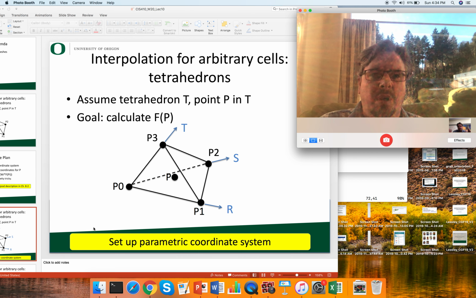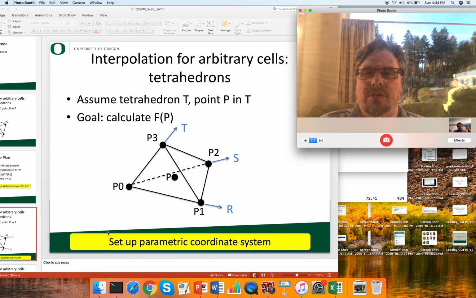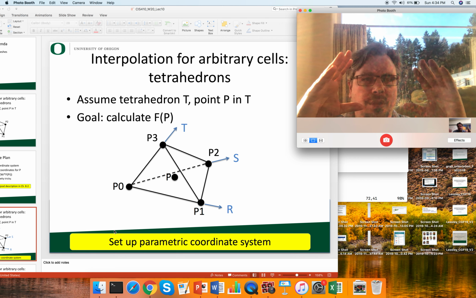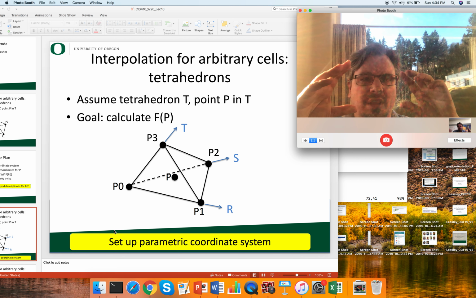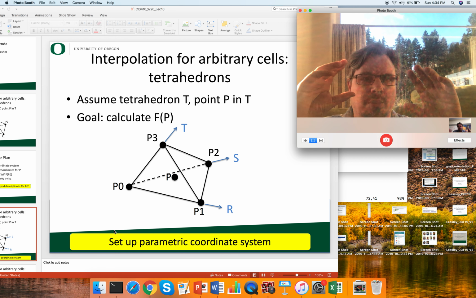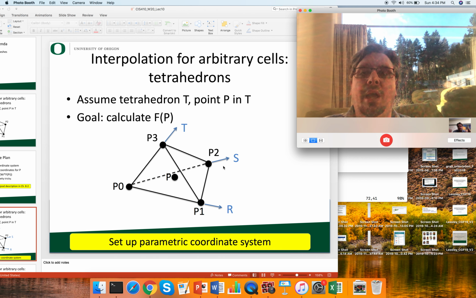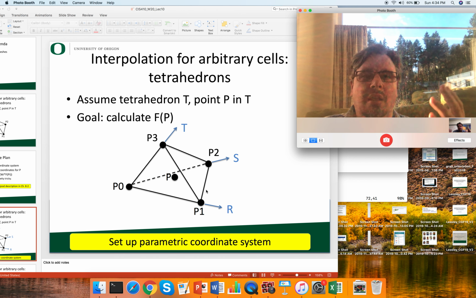That's probably too much information. What I want to say is, we're setting up a new coordinate system. When we have a coordinate system, when we say 2, 3, that means 2 steps in the x direction and 3 steps in the y direction. This is a different coordinate system, made up of R, S, and T, and that's fine.